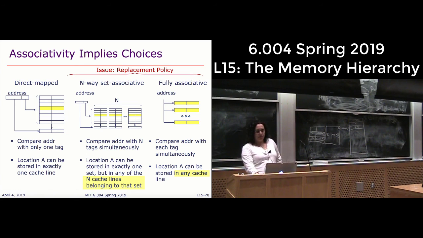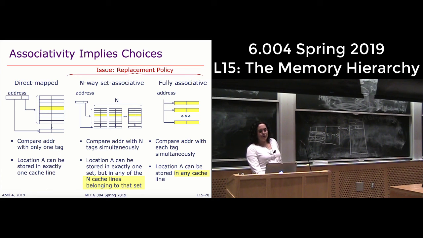Okay, so we're out of time. In recitation tomorrow, there's just one last topic that I wanted to cover, which is how do we decide which element to replace? We talked about 3 different types of caches. In the direct mapped cache, you don't have a choice. You can only map to a single cache line, so that's the one you have to replace if you need that location in the cache.